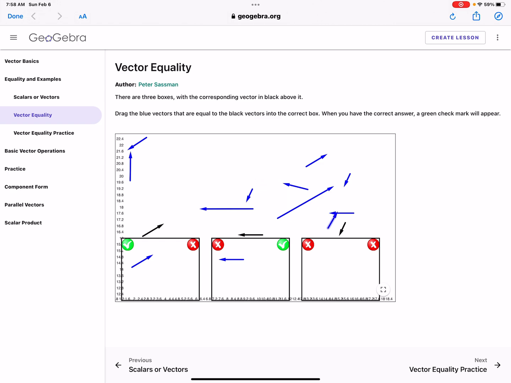And I'm gonna try all of them. This one seems the same in magnitude, but it's not actually, and the direction is opposite. Doesn't fit anywhere. Let's check this one. Seems that this one belongs to the third. And here we get another one. These are kind of easy to identify when they're horizontal, right? And here we go. And it seems that we have all the answers correct.